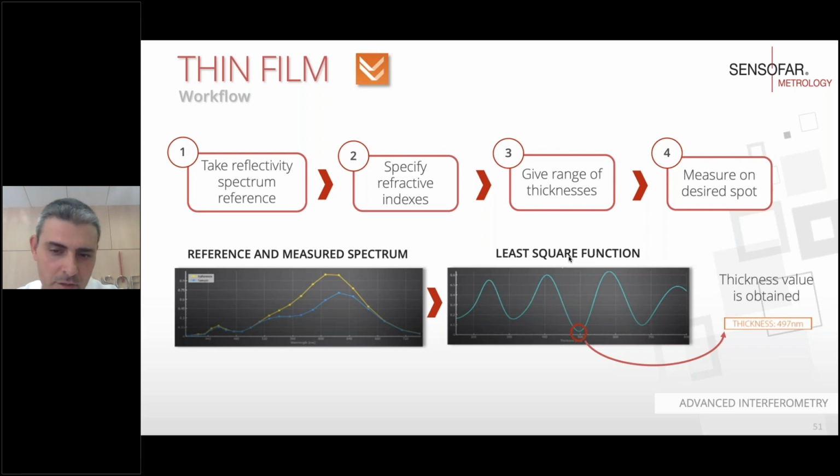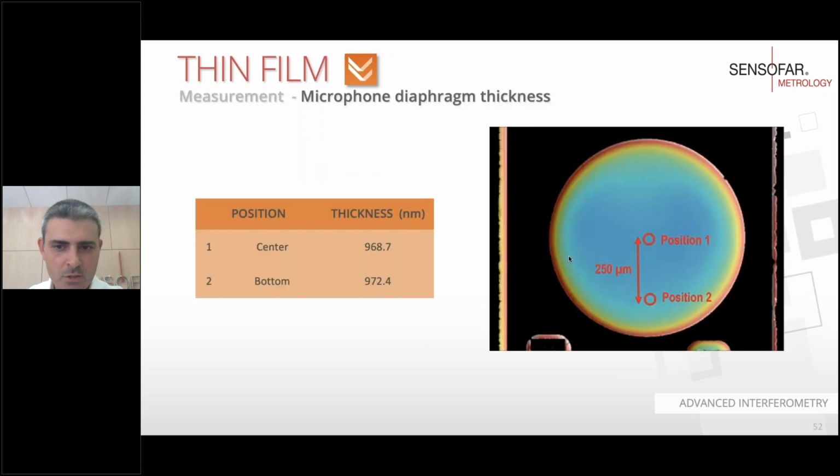The least square function is a function where the x-axis changes the thickness of the mathematical model compared to this reflectivity, and there will be a minimum, and that minimum belongs to the real thickness of the surface. In that case it is close to 500 nanometers. So that is an example of a measurement in two different positions of thickness measurements.